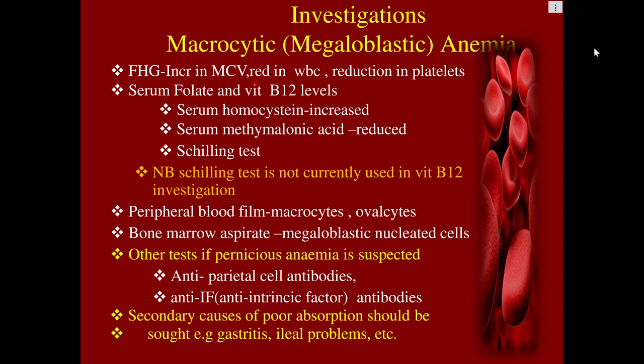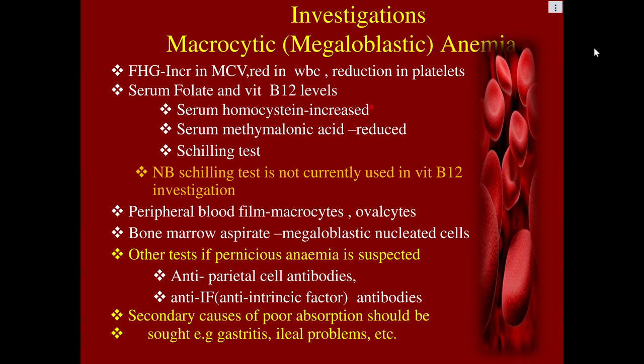You do your serum folate and serum vitamin B12. You can also do your serum homocysteine. We say that homocysteine is an amino acid that is very important, especially in ensuring that precursors of other compounds are taken care of by vitamin B12 and folate.